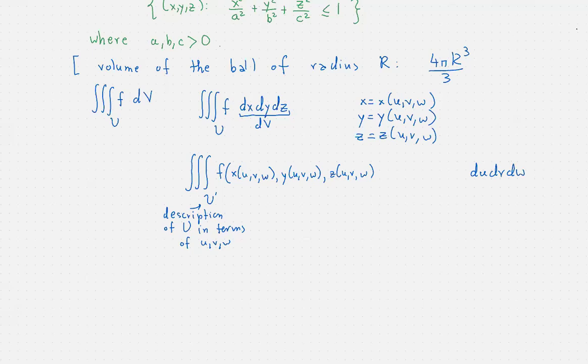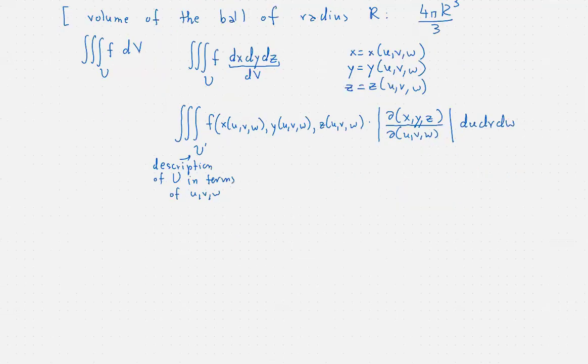And then there is another component which is needed, which is the absolute value of a certain determinant, the Jacobian determinant, which is denoted this way. We put the absolute value because depending on the order in which we take the variables, we may get a negative sign, and we don't want the integral to depend on that negative sign.